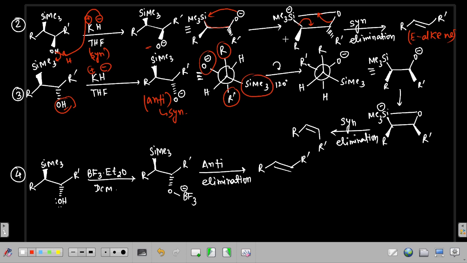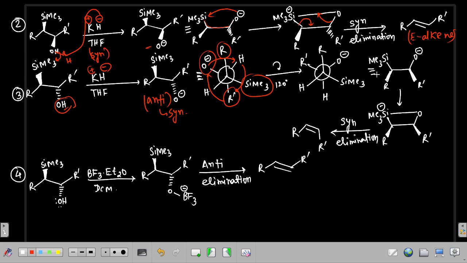Okay, now we need to do a 120-degree clockwise rotation. If we do a 120-degree clockwise rotation, this will come here, this will go here, and this will go here. This R dash will go here, O minus will go here, and H will come here. But now you see both O minus and TMS are syn to each other, and R and R dash are syn to each other.